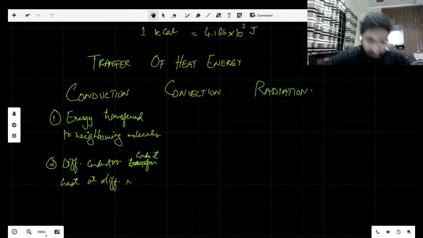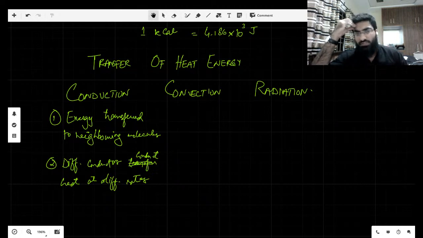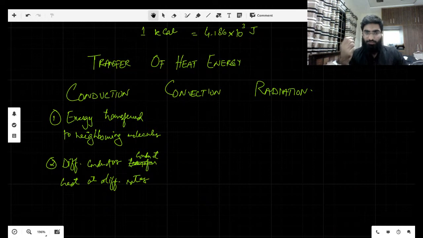So for example, silver, I think, is considered the best conductor. If you use a spoon of any other metal and a spoon made of silver, and you light a match at the same time under both these spoons, the silver one would get heated up first.